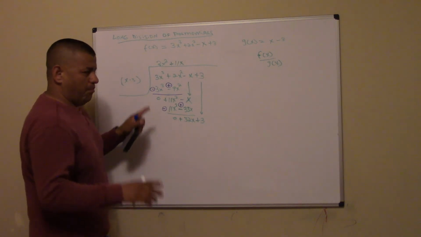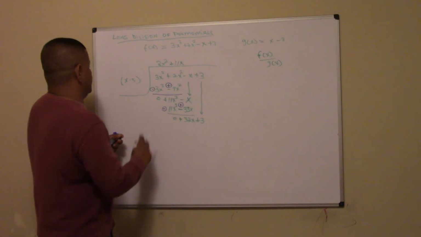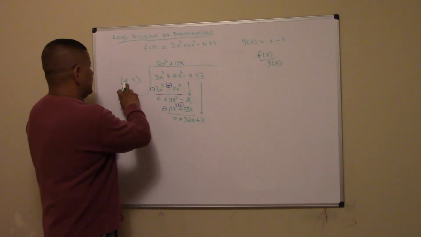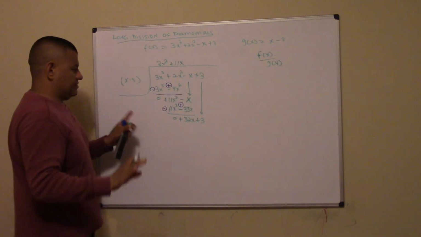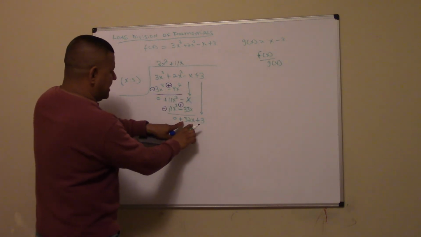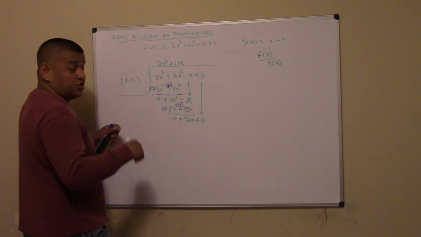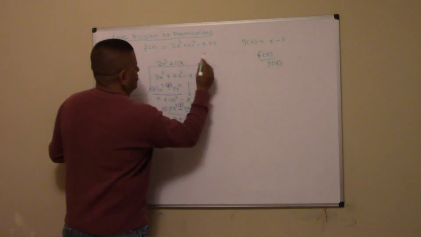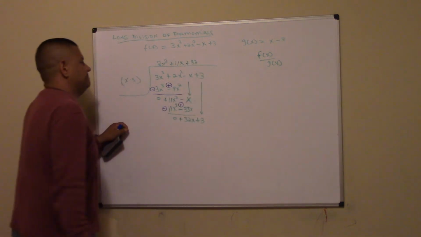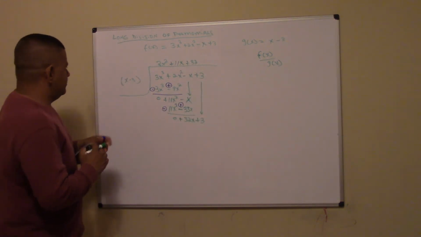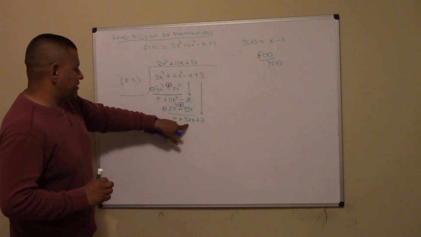My goal is to get this less than this. What number do I multiply x by to get 32x? Well, it's going to be 32, because x times 32 gives me 32x.